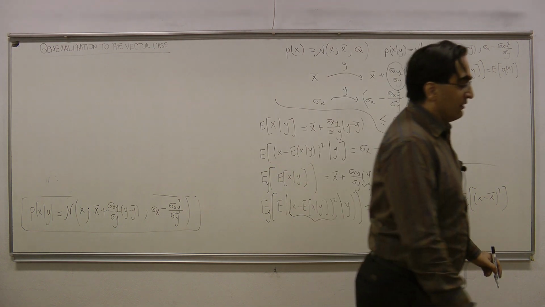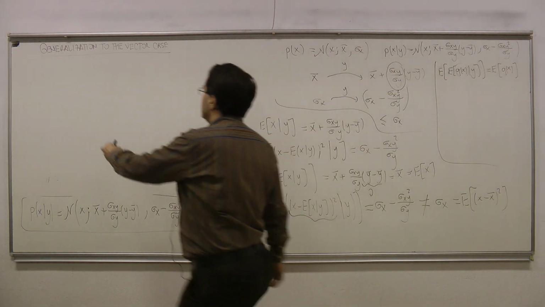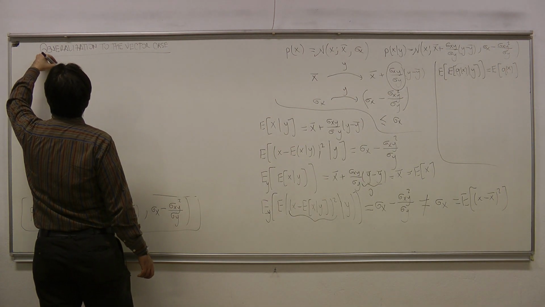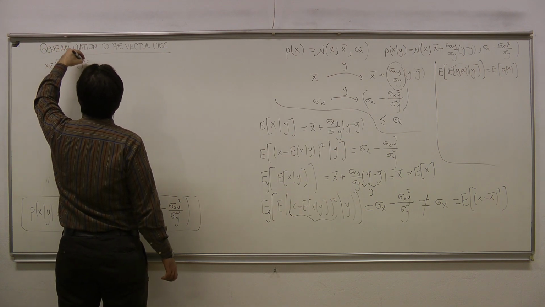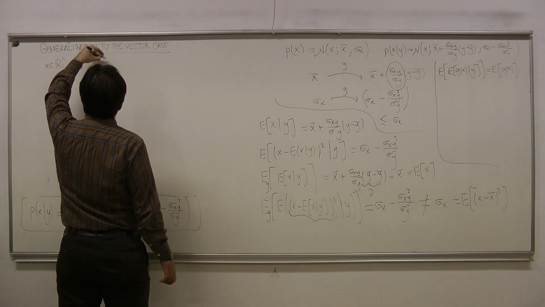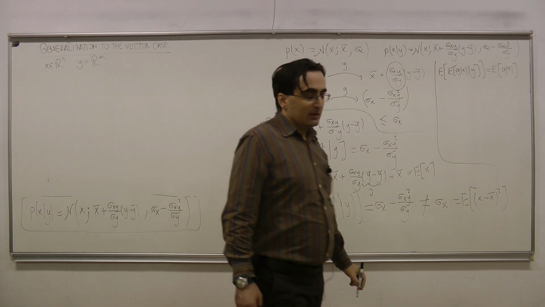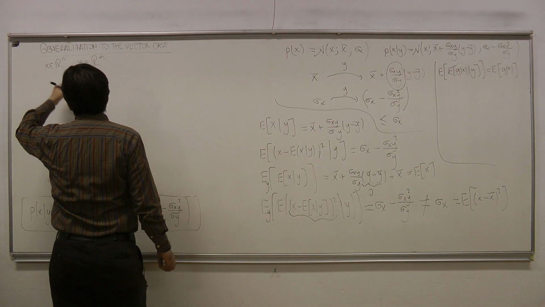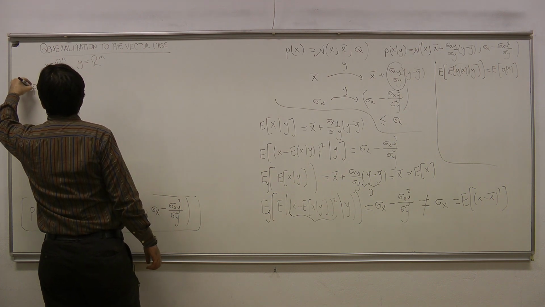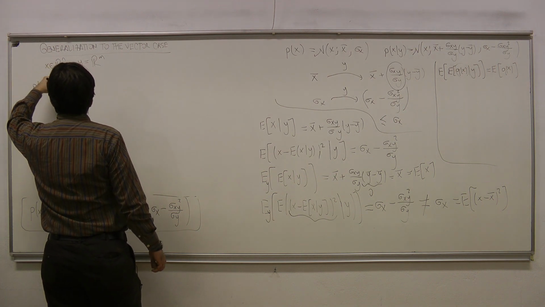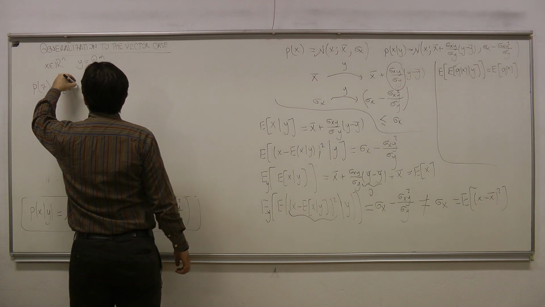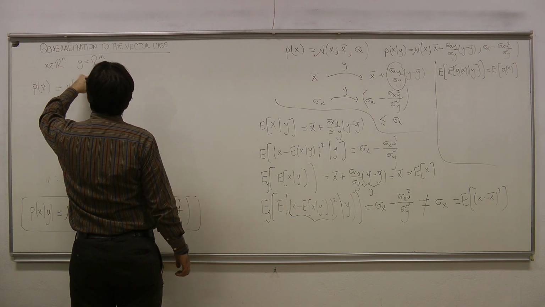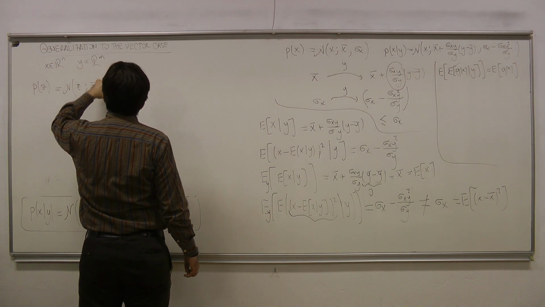In this case, my x is a vector. x is in R^n and y is in R^m. And in this case, my z is again distributed like this, normal with mean z bar and covariance sigma z.